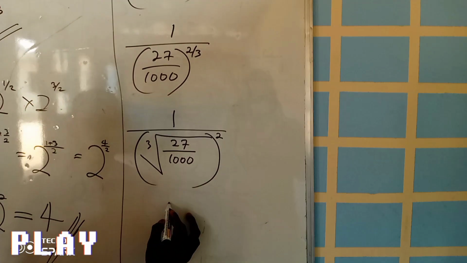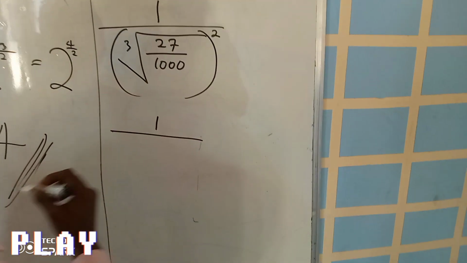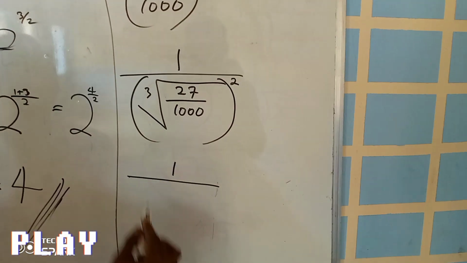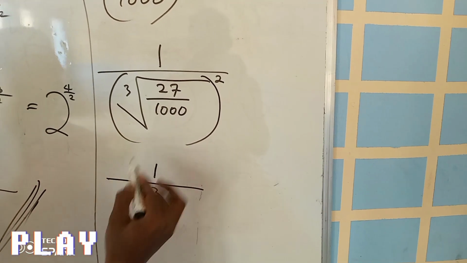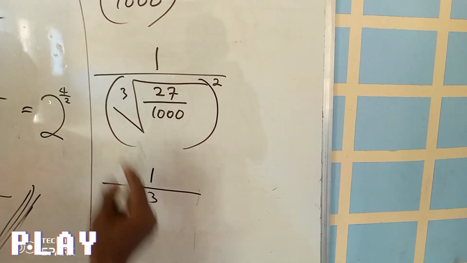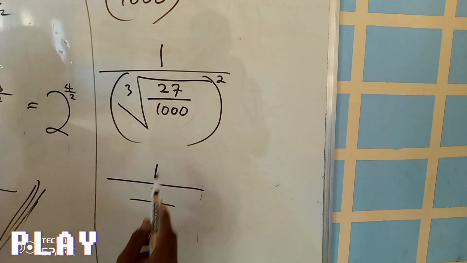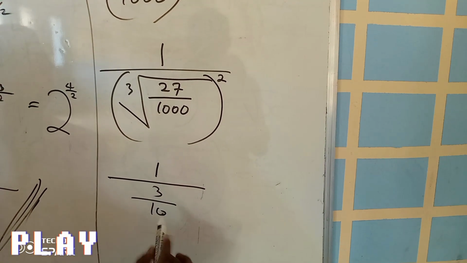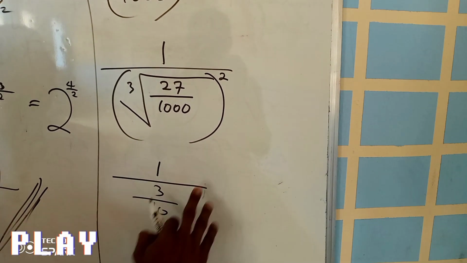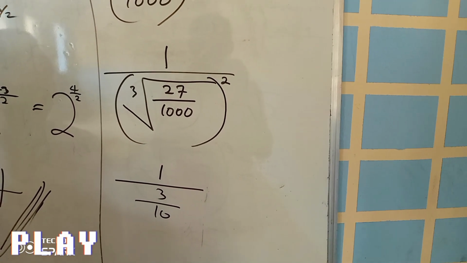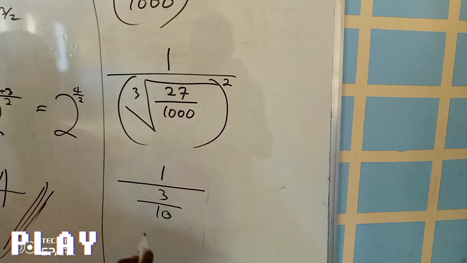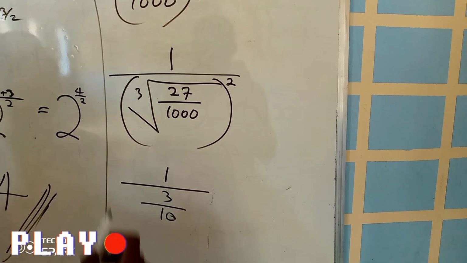The cube root of 27 is 3 because 3 times 3 times 3 is 27, while the cube root of 1000 is 10 because 10 times 10 times 10 is 1000.